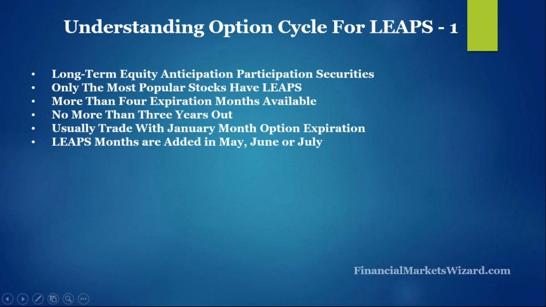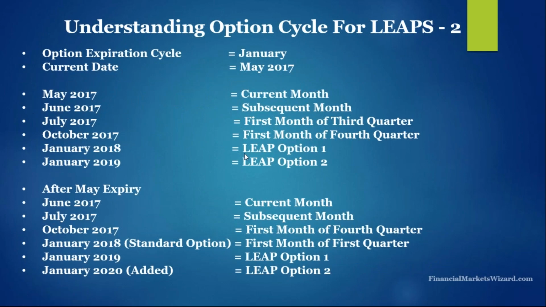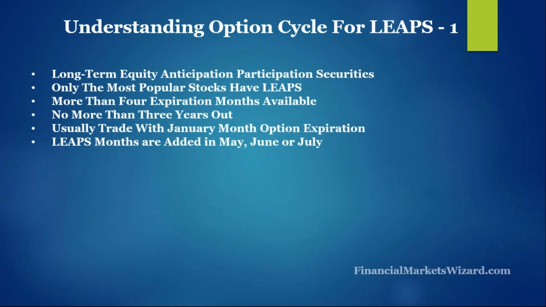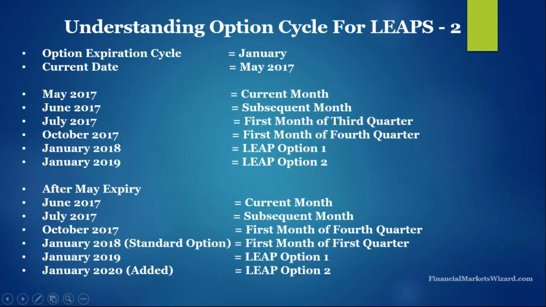I will explain why, for example. Let's say the stock is on the January cycle, and today is May of 2017. Based on the option cycle, we know that we will have May and June options, because May is the current month, June is the subsequent month, and July and October are the first month of the third quarter and the first month of the fourth quarter.